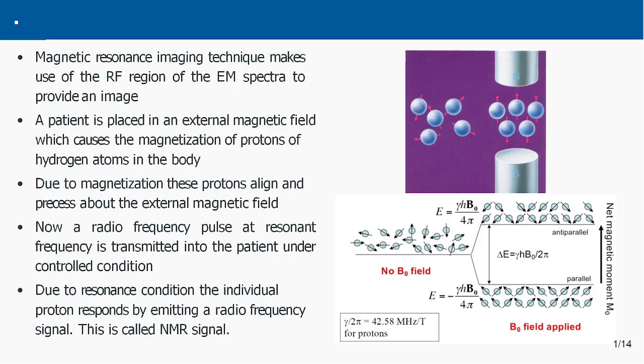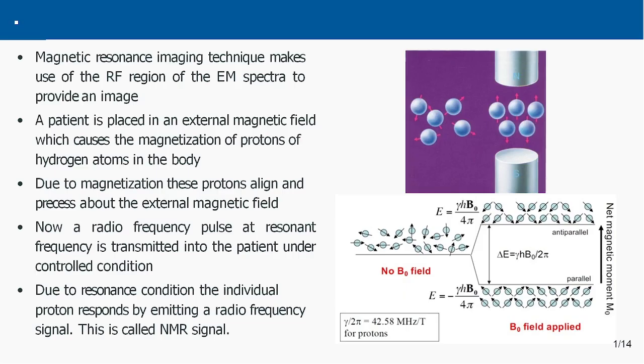The magnetic resonance imaging technique uses the radio frequency region, because previously, as we have seen in the case of X-ray and CT scan, the energy source is X-ray, which is very high frequency and has the capability of ionizing our tissue.